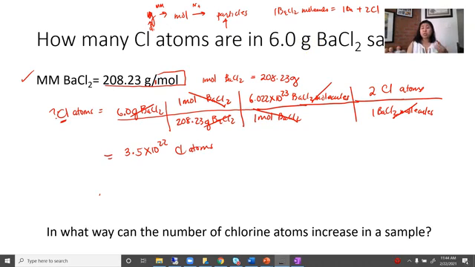It will also change if you have a different substance that has more chlorine atoms and a comparable weight, then the number of chlorine atoms will significantly spike up. It also will change if the molar mass of that other source of chlorine is different than 208.23, and chances are that will also make a difference.